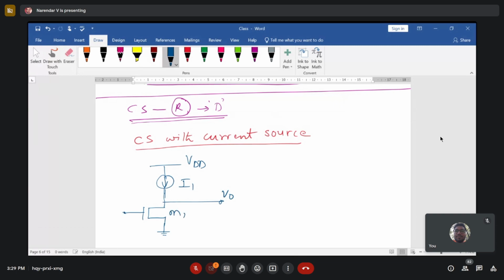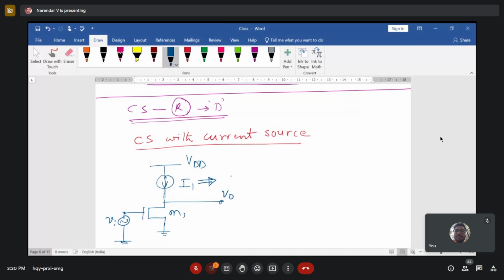Of course, here we can apply the small signal as well as the biasing voltage. This is the biasing voltage that you apply, VGG, and this is the VI signal that you can consider. For a small signal model, you consider only this small signal, because all DC sources are connected to ground. This I1 is a DC current source.